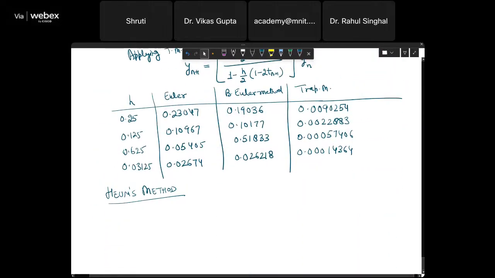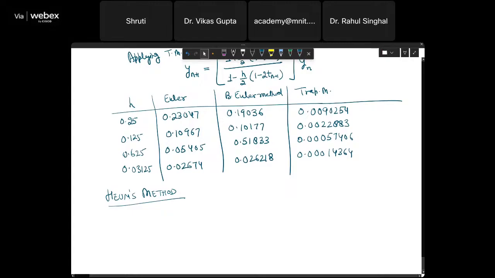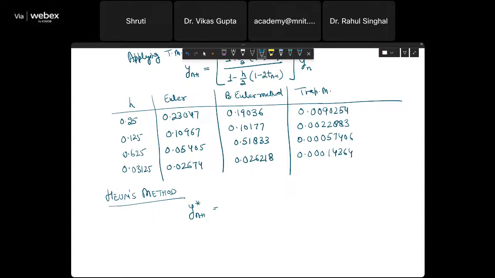Okay, so what this method does is that at the (n+1)th stage it calculates the approximate solution first with the help of the Euler method, meaning y*_{n+1} we first calculate like this. Okay, and then this star value we use in the formula for the trapezoidal method to get the final approximate solution at this step.